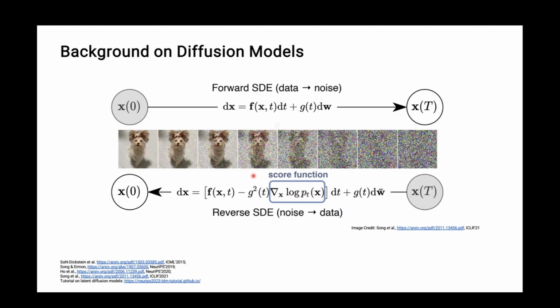The question is, what are the transitions looking like? Typically, at each step, what you have to do is add some amount of noise and some amount of drift. All this means is, if I'm in some vector, how do I go to the next vector? That's the drift. And the noise says, well, I don't want to deterministically go to the next place. I need to sort of jitter it a little bit. Okay. So to do this, you need something called the score function.